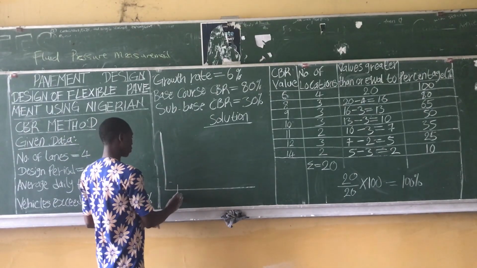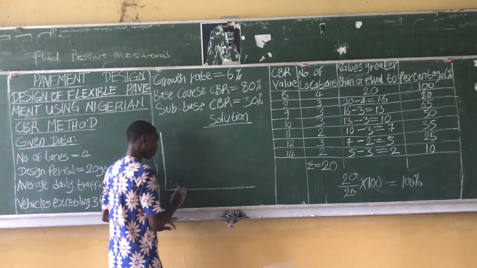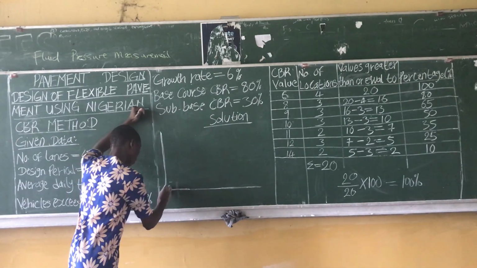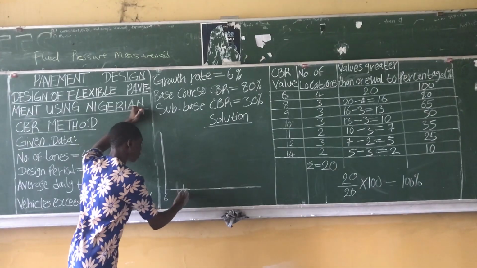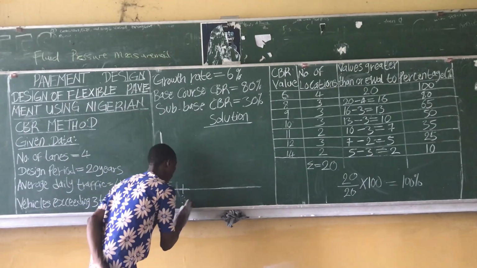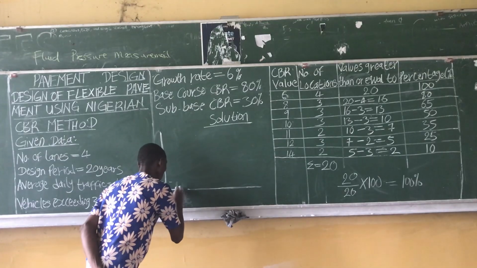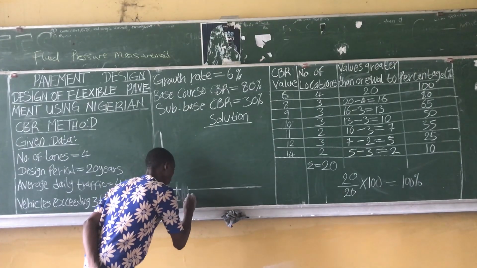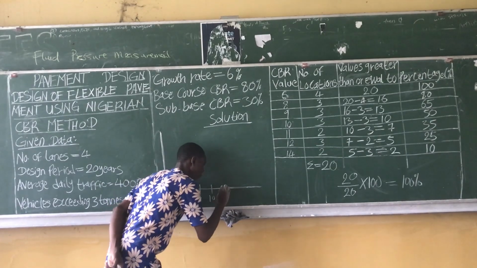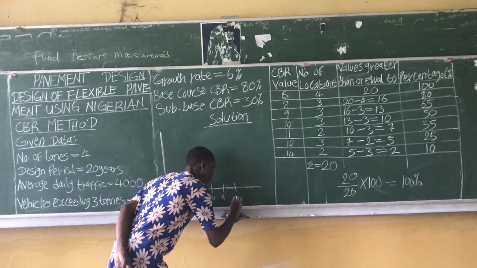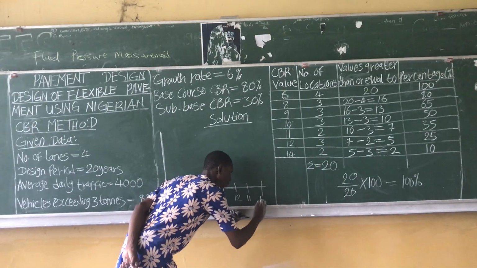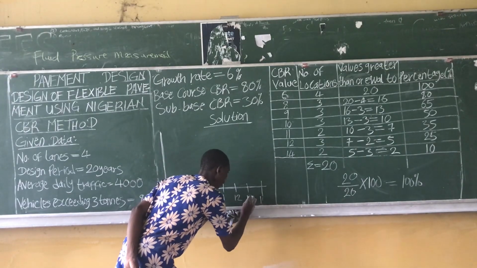We'll be starting with our first CBR value, which is 6. Let's say we have 6, 7, 8, 9, 10, 11, 12, 13, and 14.